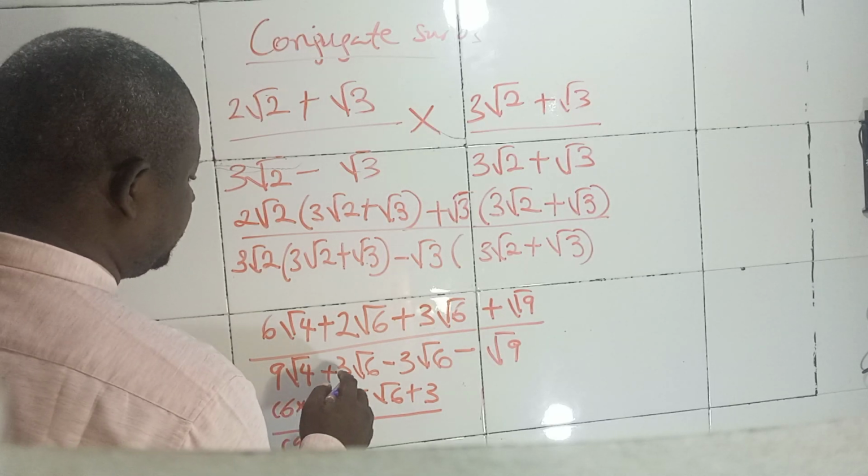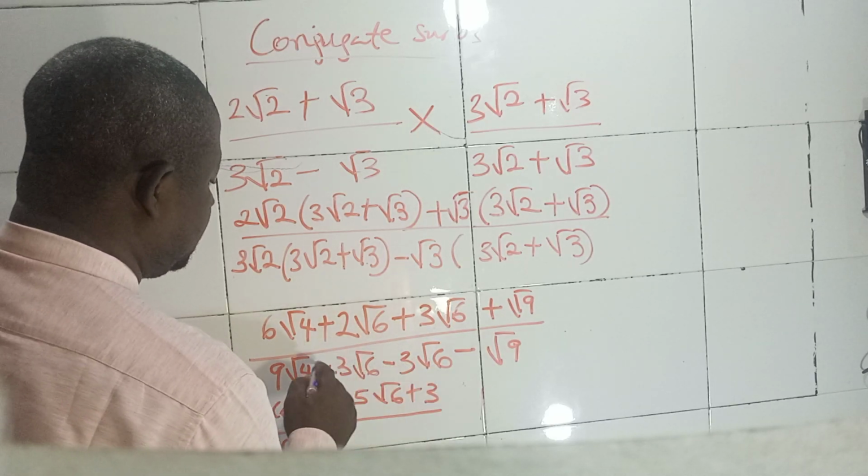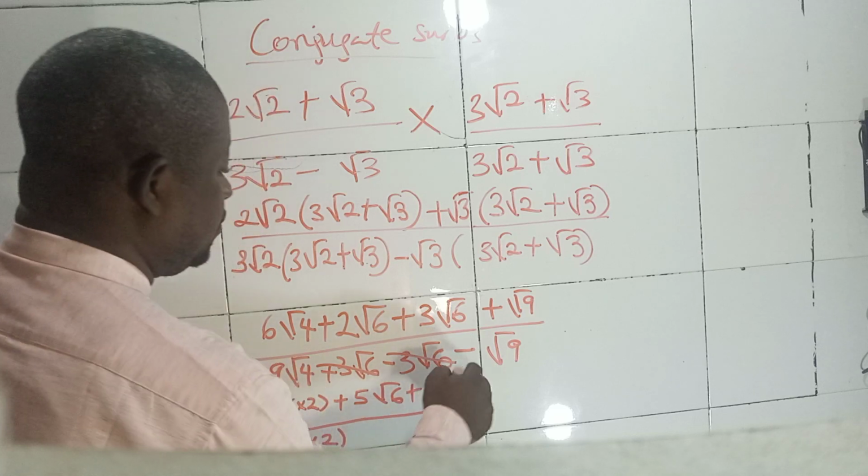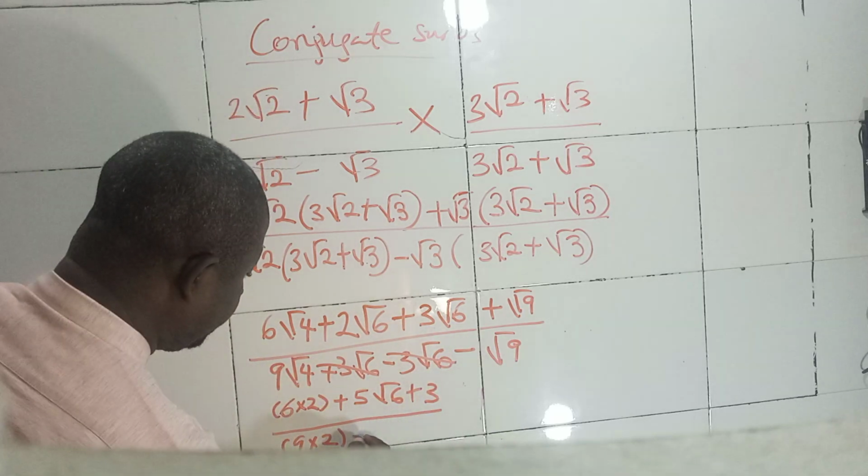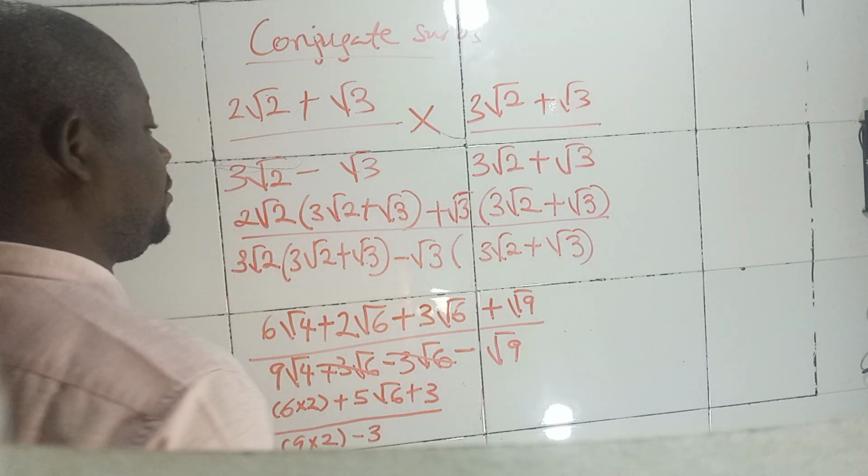This is plus 3√6 minus 3√6, these two cancel out. Minus the square root of 9, which is 3. So let's expand out.